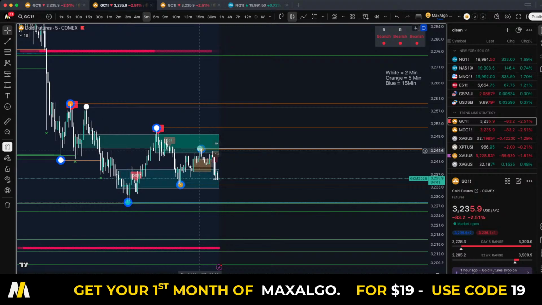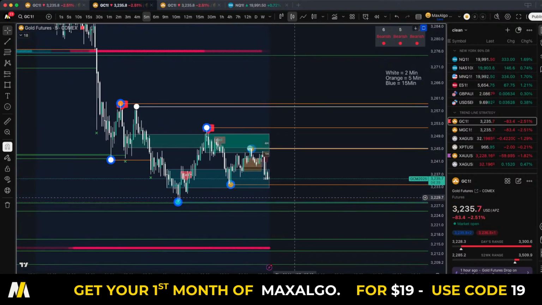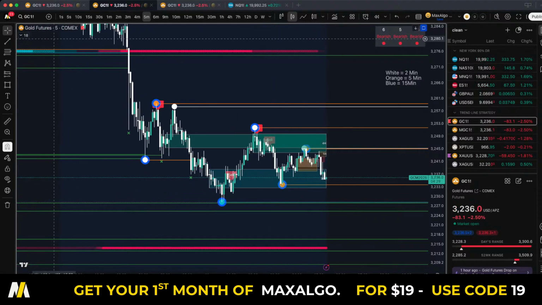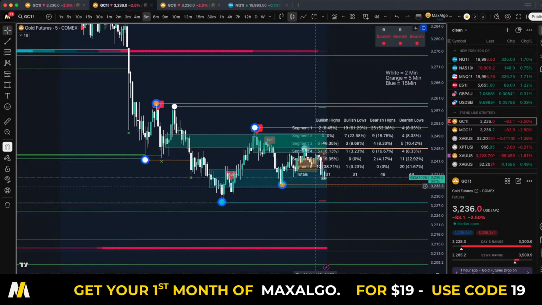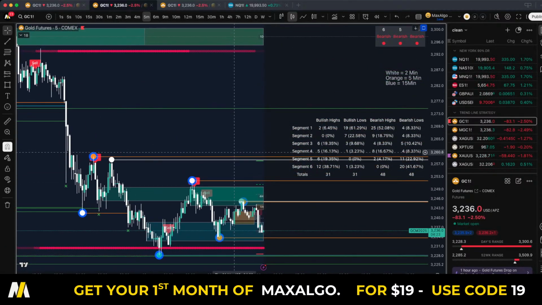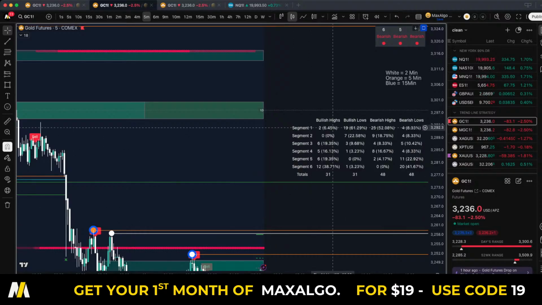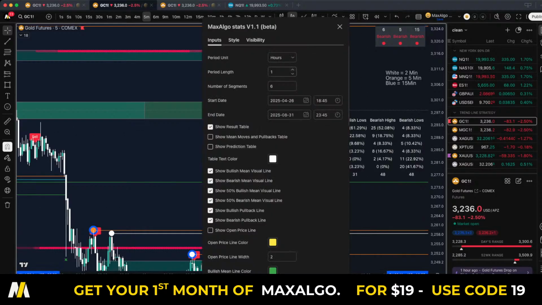range, but the 4-hour is bearish. So when we had a look at the data, the 4-hour high and low data is currently holding better than the 6-hour. So we expected our 4-hour data to hold up on gold. So this is our 4-hour.